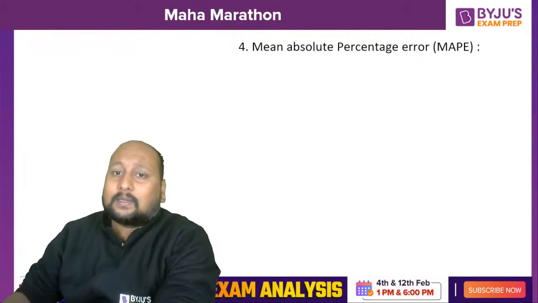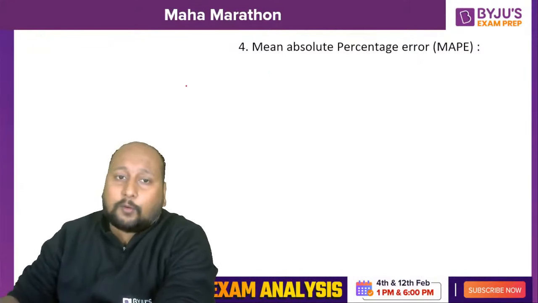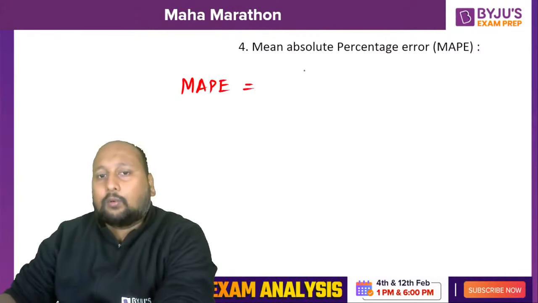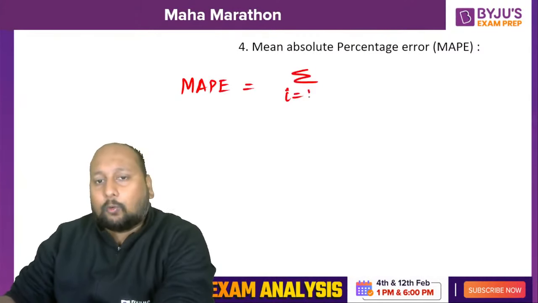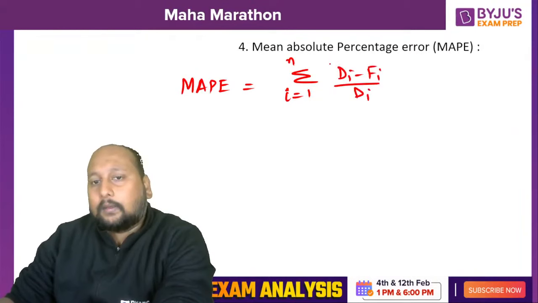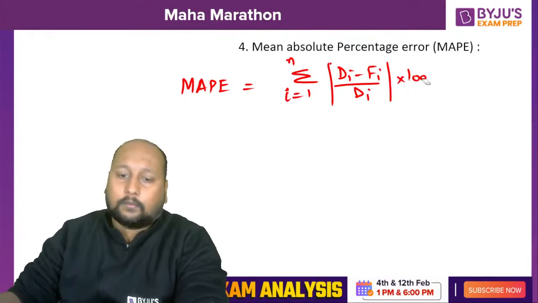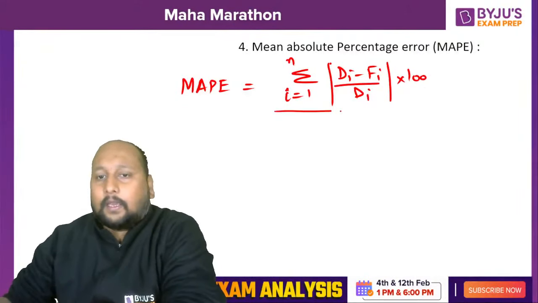The next one is mean absolute percentage error, which we call MAPE, M-A-P-E, which is equal to the summation of i equal to 1 to n of (di minus fi) by di, into 100, divided by n.